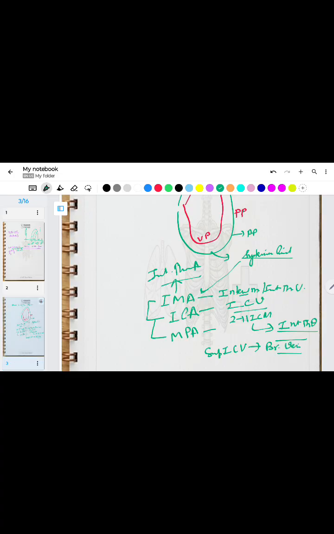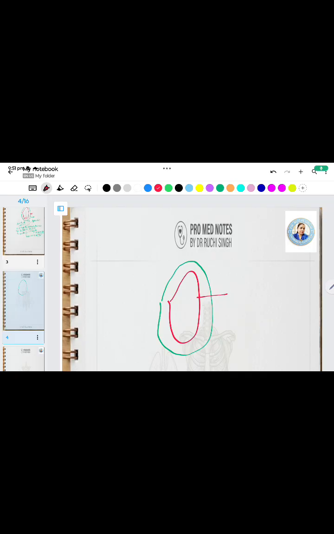Okay, so 2 to 11 intercostal veins will drain into the internal thoracic vein, and the superior intercostal vein will drain into the brachiocephalic vein. Okay, this is the parietal pleural layer.